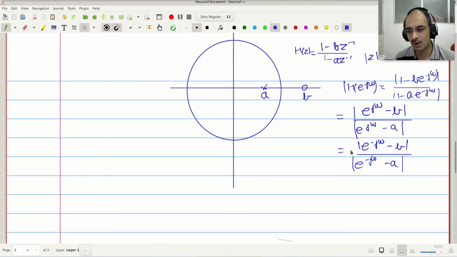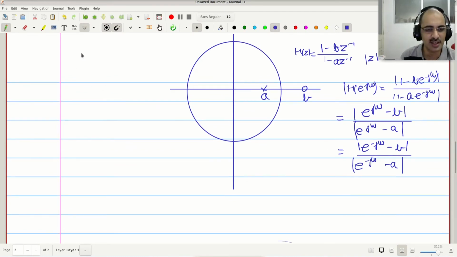Okay, so now this means if I consider the alternate system, z inverse minus b upon z inverse minus a, what does this system have? This system has a 0 at 1 upon b, and has a pole at 1 upon a.